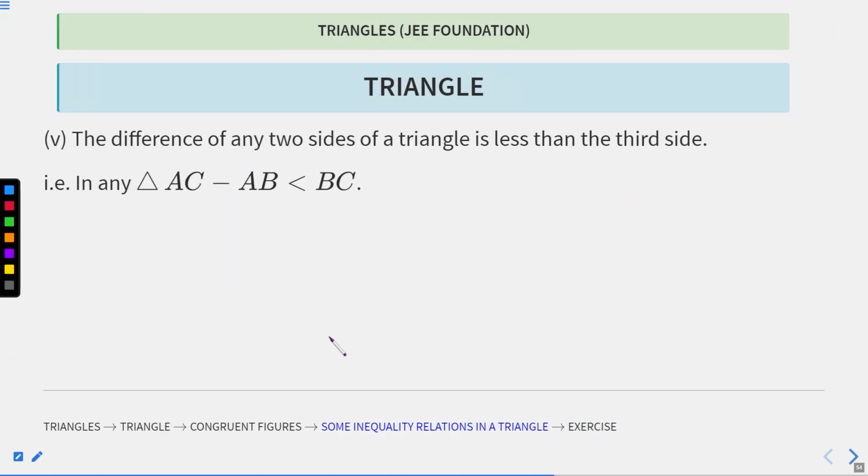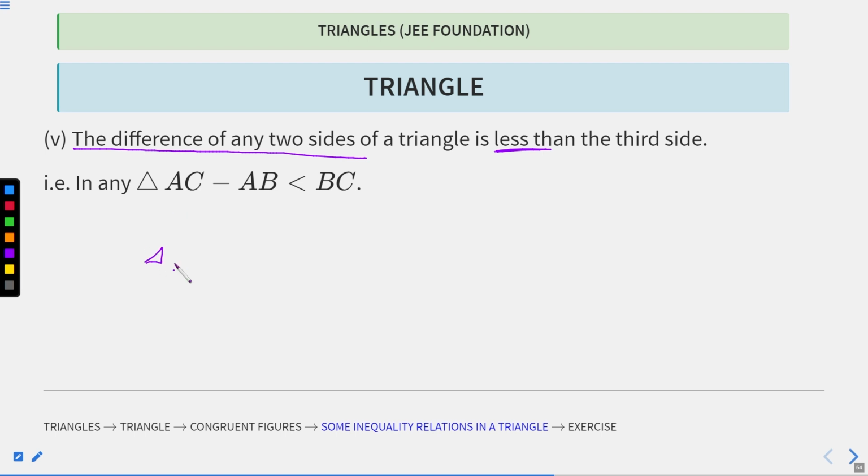The final point is that, as you already saw, the sum of any two sides must be greater than the remaining side, and here the difference of any two sides must be less than the third side.